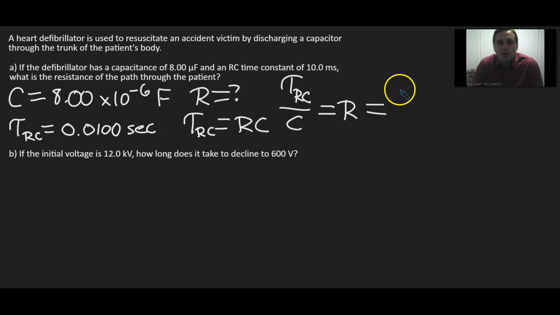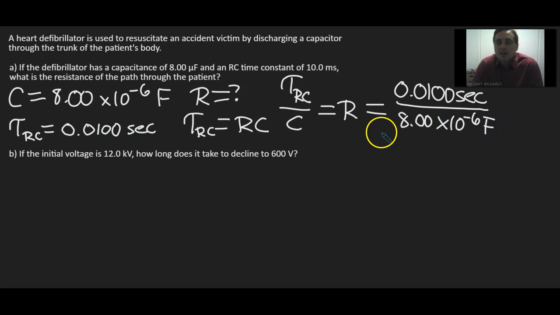So this should be 0.0100 seconds, all divided by 8.00 times 10 to the minus 6 farads. Okay, so let's go ahead and get this value. Okay, and let's use the calculator.